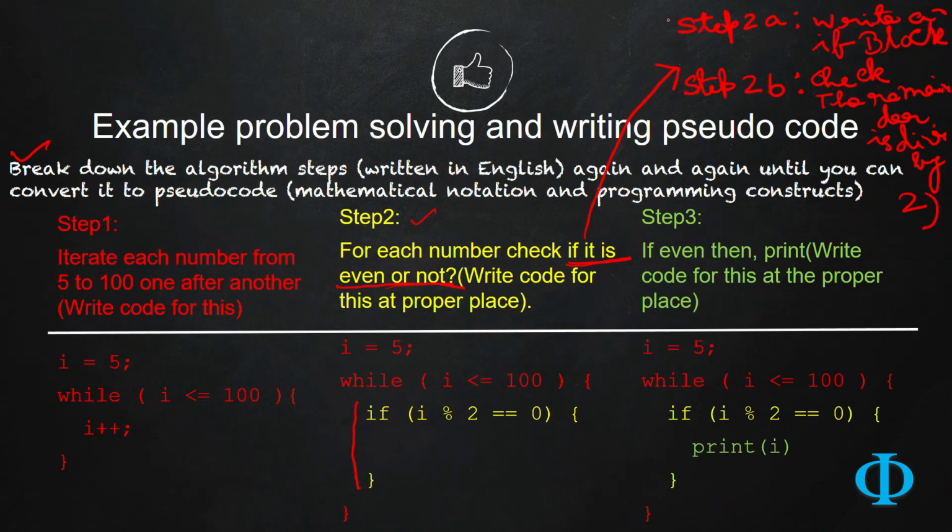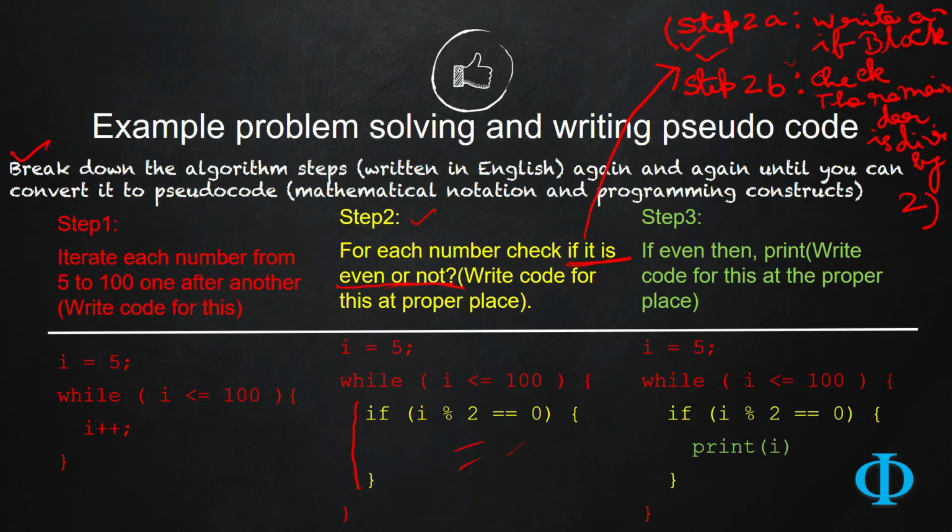So the thing is, so long as you are not comfortable converting the steps into the equivalent pseudocode, just divide it as much as possible, go to the lowest granular level possible, and when you are comfortable converting these English steps to a program, then it is okay.